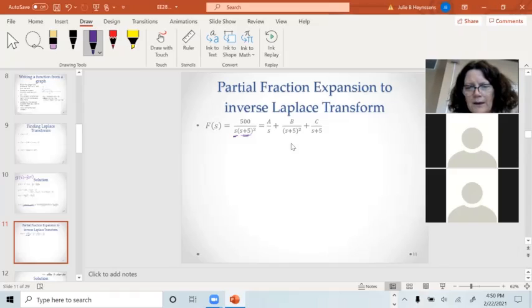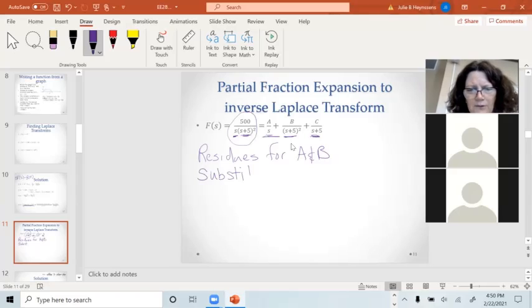So we can get these 2 by residues. But when I try to get this one by residues, if I take F of s and multiply it by s plus 5, this thing goes to infinity and it doesn't work. So the easiest way to do this is residues for A and B and substitution for C.